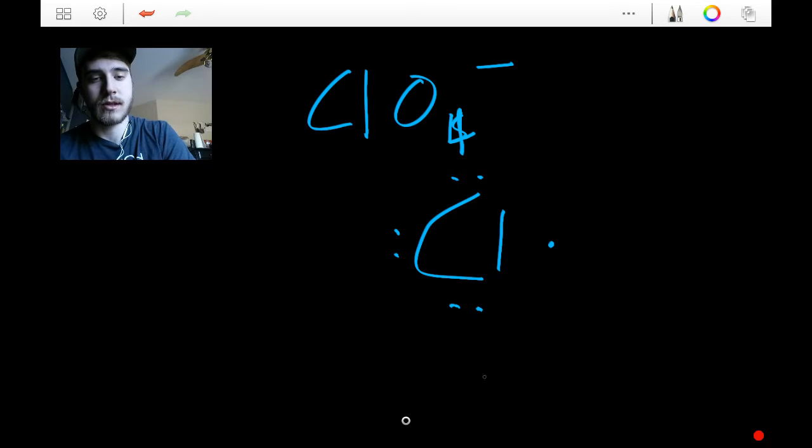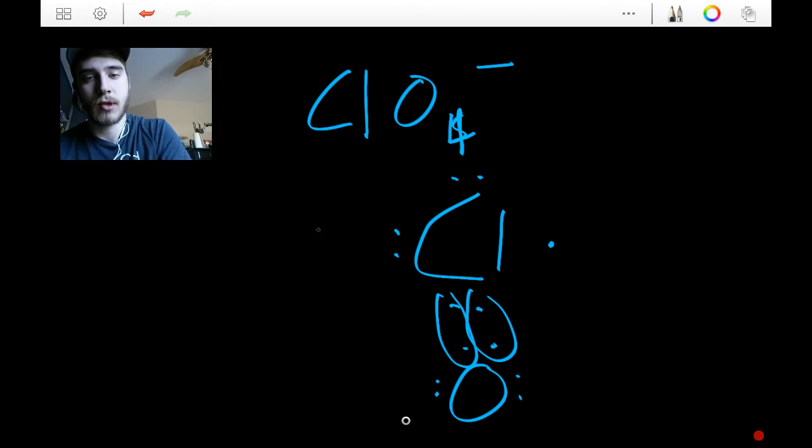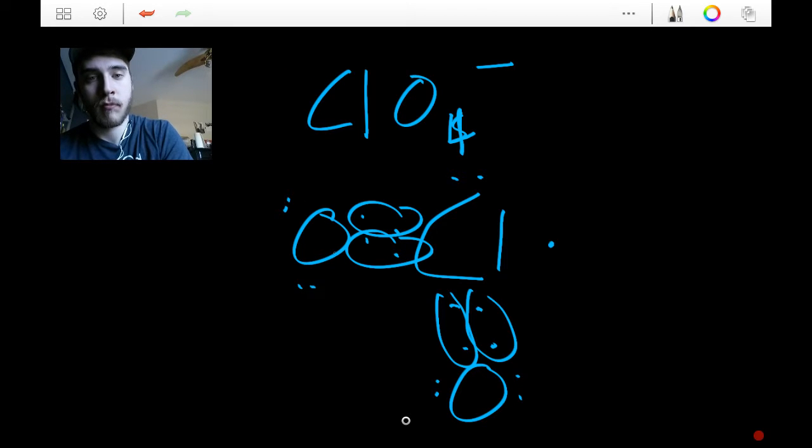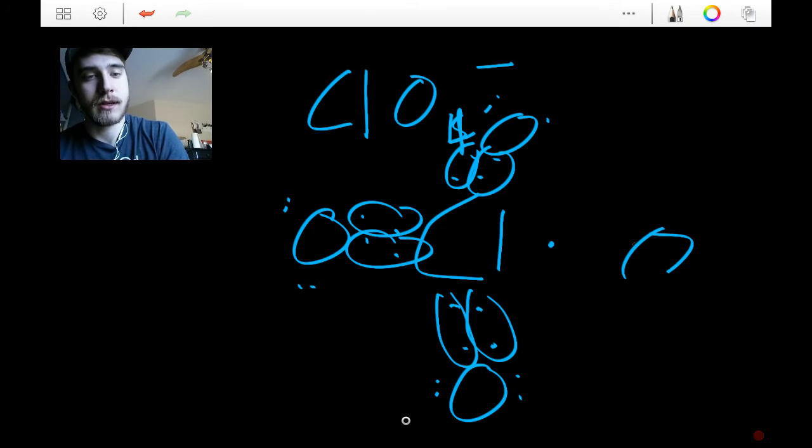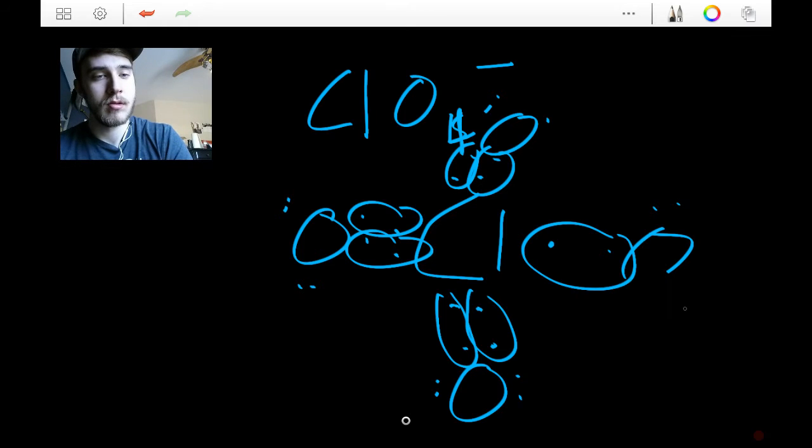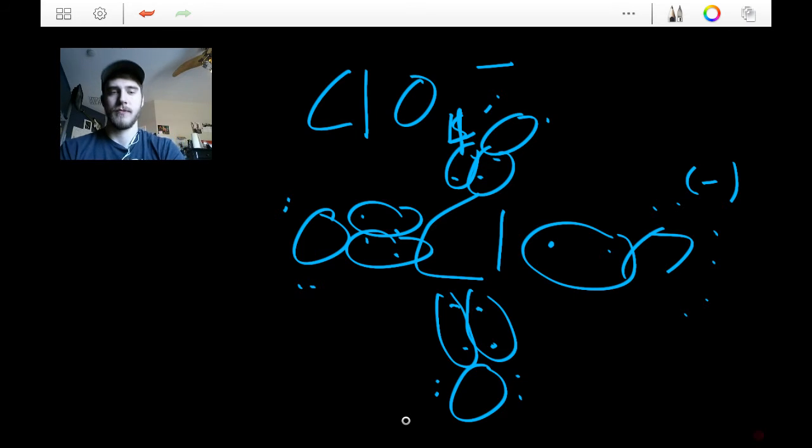We have 4 oxygens. We could see pretty quickly that we're going to end up double bonding 3 of the oxygens like so, and single bonding another one of the oxygens, leaving it with a negative charge.